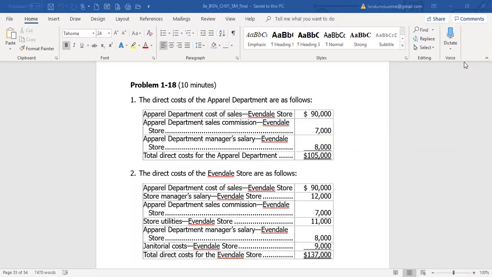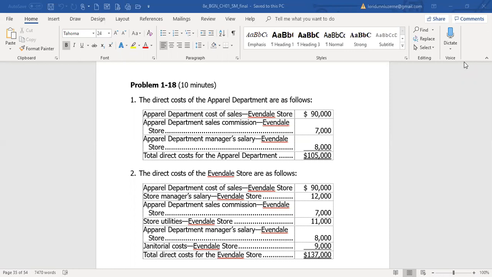What is the amount of costs listed above that are direct costs of the entire store? So in part 1, just the apparel department. In part 2, the entire store in Avondale. So that would include the cost of sales for the apparel department, because it's part of the Avondale store, the store manager's salary at the Avondale store, the apparel department sales commission, and the store's utilities.